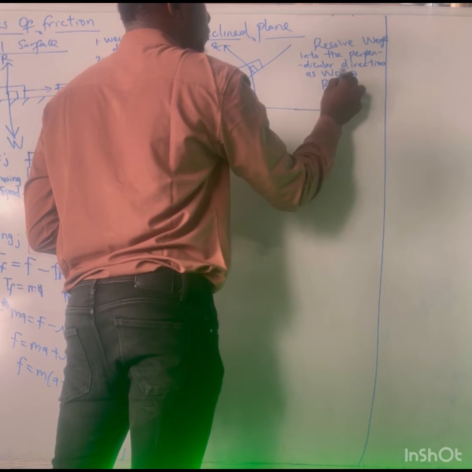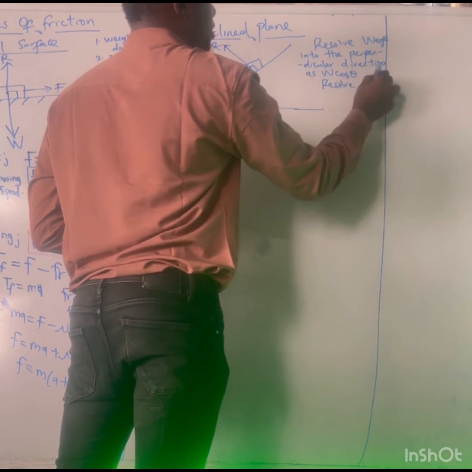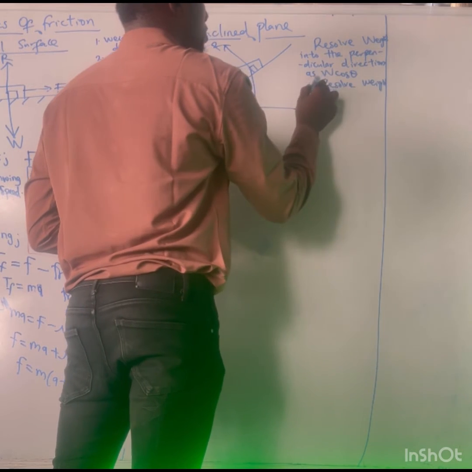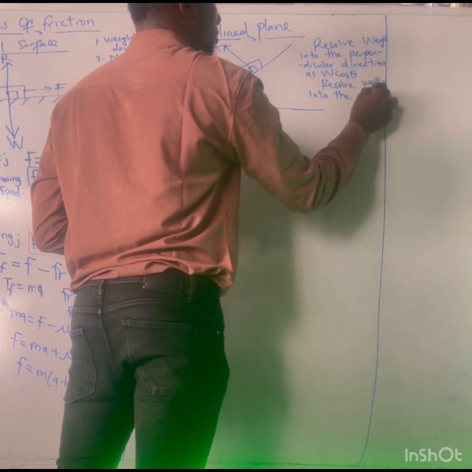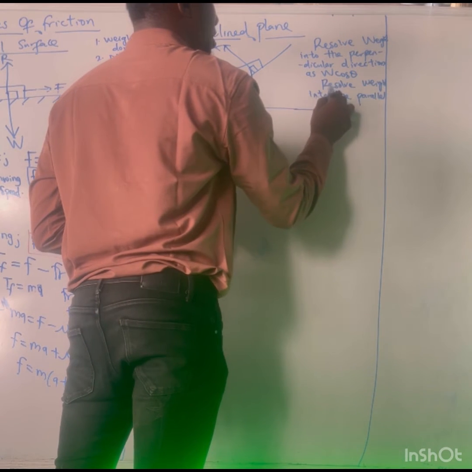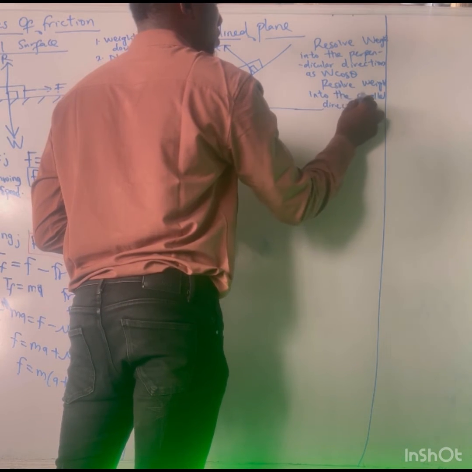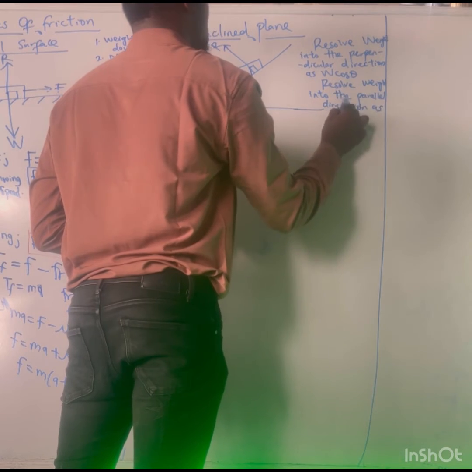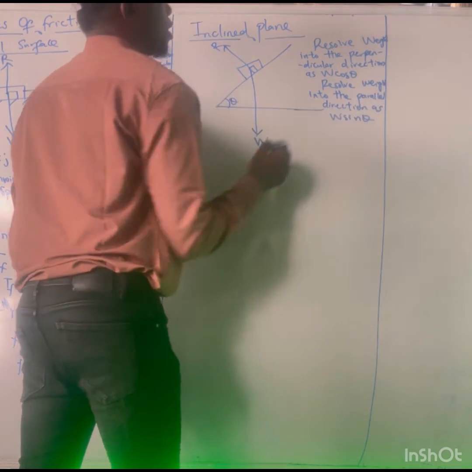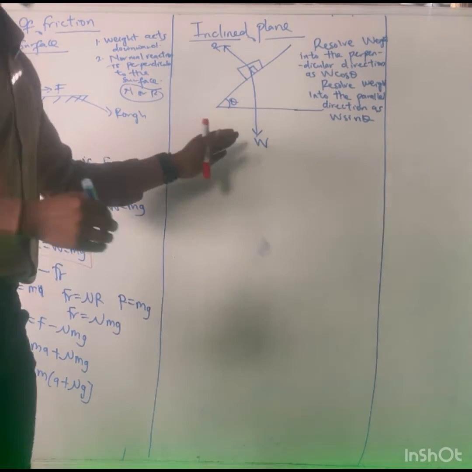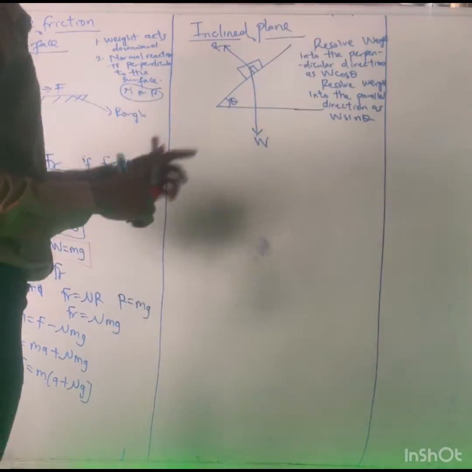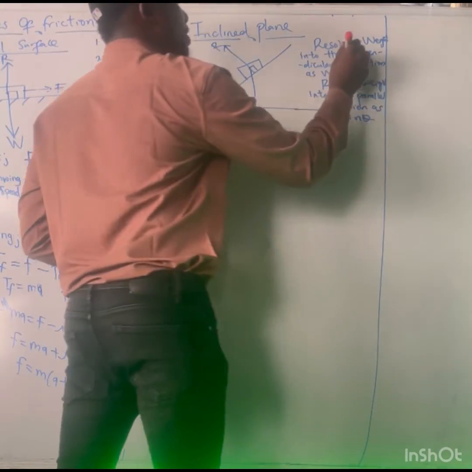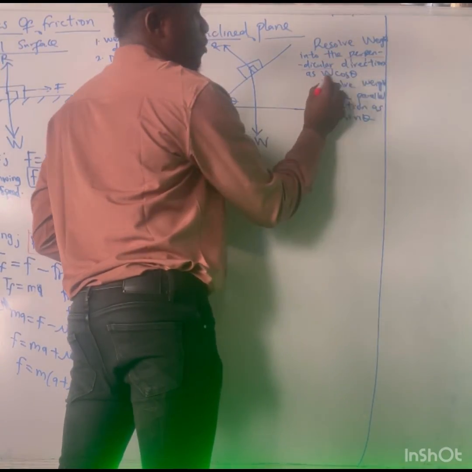Also resolve the weight into the parallel direction as W sin theta. So I'm going to be resolving this weight into the perpendicular direction and also into the parallel direction. Resolving the weight into the perpendicular direction gives me W cos theta.